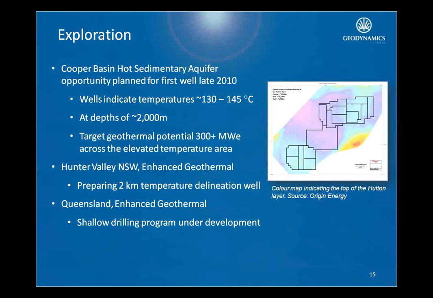We hope to spud the first well to target that aquifer in the very near future. But they are much lower temperatures. We're looking at between 130 and 150 degrees and a total geothermal potential of around about 300 megawatts if we can make it commercial in that area, compared to the deep granite resources of 6,000.